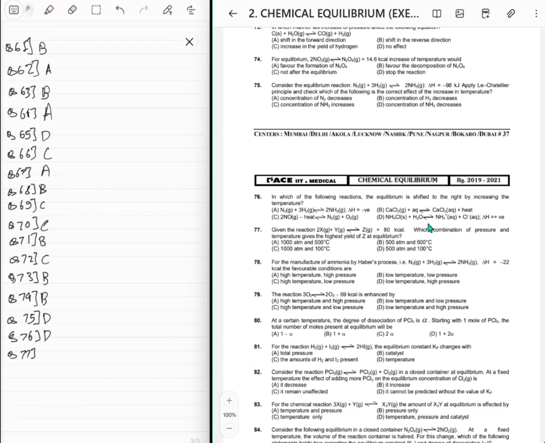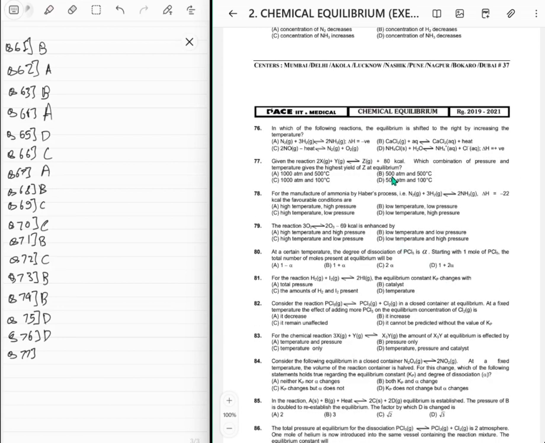Question number 77. Given the reaction, which combination of pressure and temperature gives the highest yield of Z at equilibrium? So more moles on the left hand side, fewer on the right, so decreasing pressure will shift to the right.